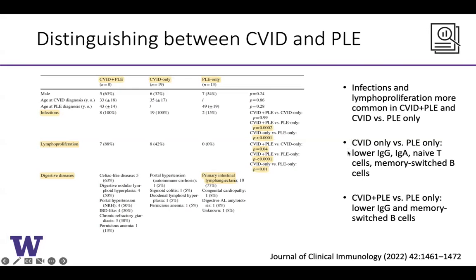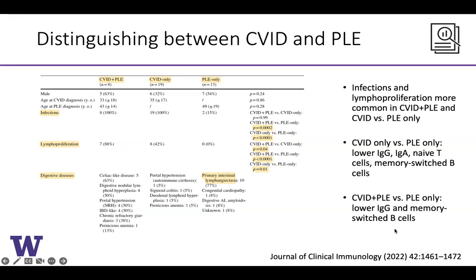Also, patients who had CVID only versus protein-losing enteropathy only had more abnormalities on their immune workup, such as lower overall levels of IgG, IgA, fewer naive T cells, and a decrease in memory switched B cells.